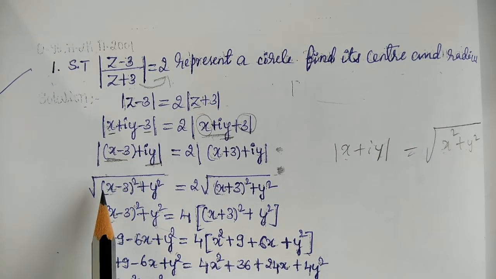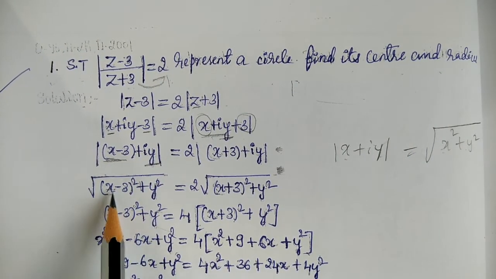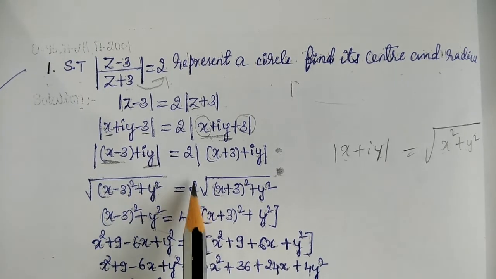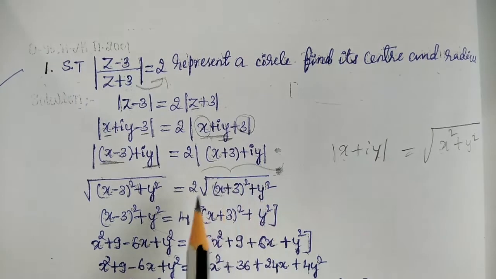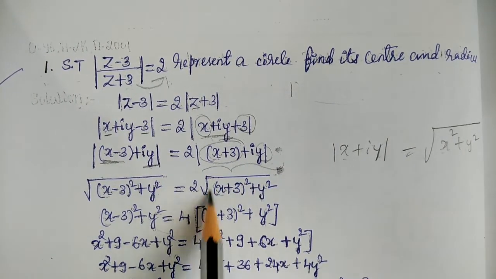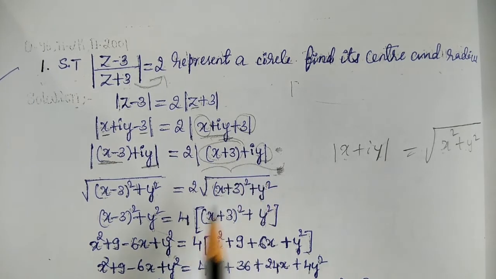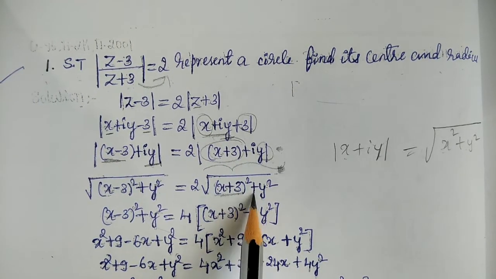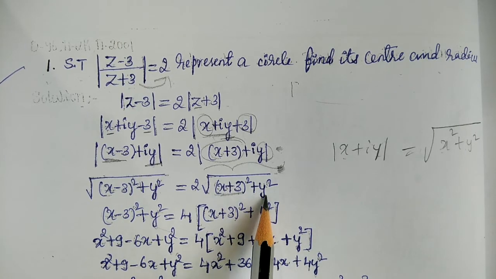Therefore modulus of the complex number becomes square root of real part square plus imaginary part square, that is square root of x minus 3 whole square plus y square, equal to 2 times, and this one is also in the form of x plus iy, so this one is the real part and this one is the imaginary part. So the modulus of that complex number is square root of real part square, that is x plus 3 whole square, plus imaginary part square, that is y square.